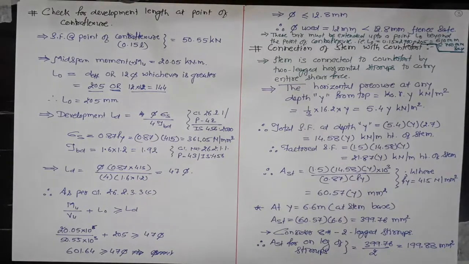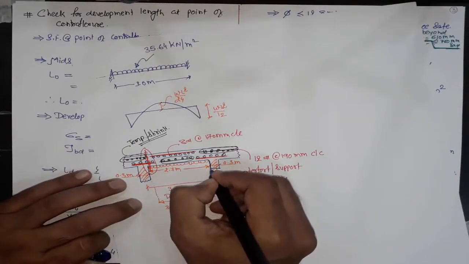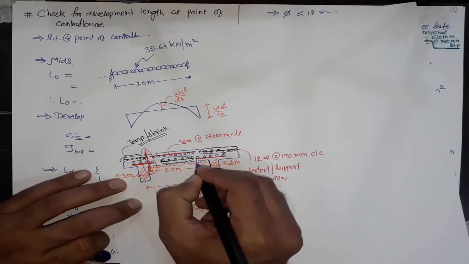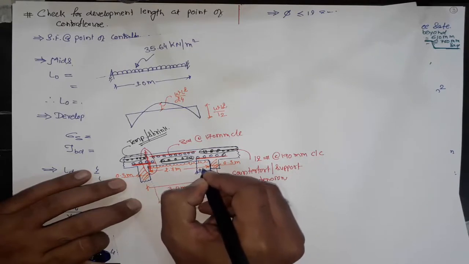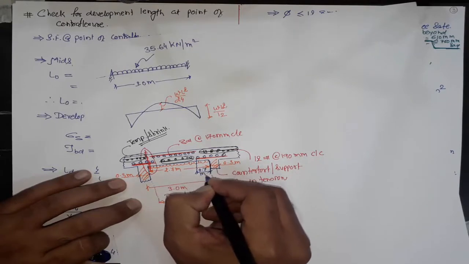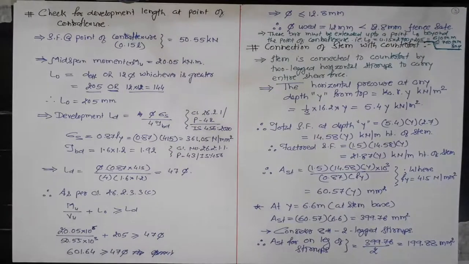Hence we can say that this reinforcement, from the face of our counterfort, should be minimum 0.7 meter or 700 mm. We will see the detailing at the end of our lecture.